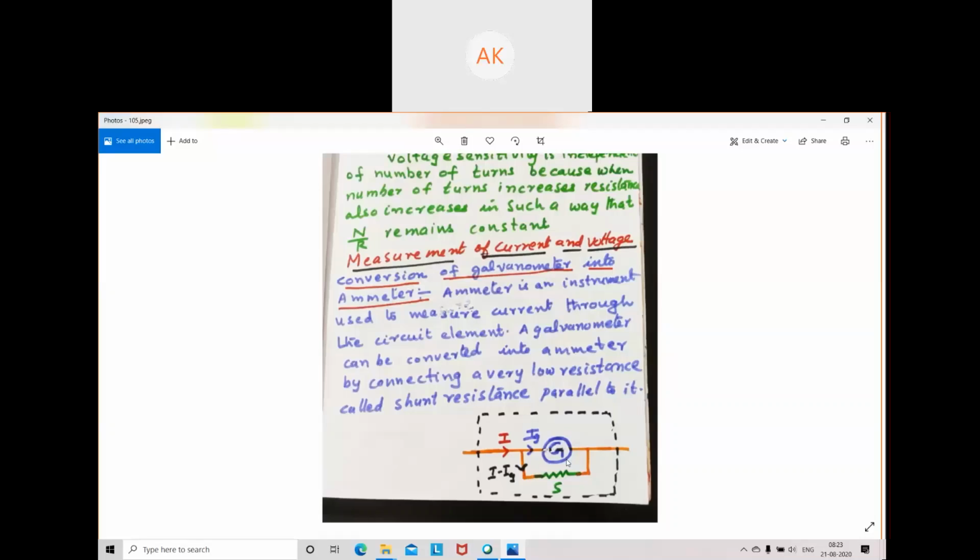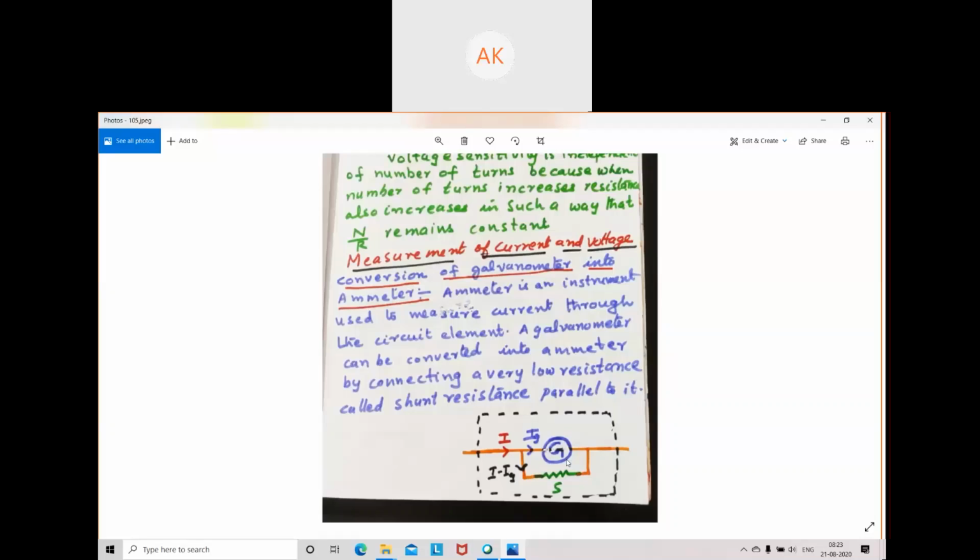So first of all, we have to find out what scale the ammeter we are making should measure, what current. That first we have to decide, and then according to that we connect a suitable resistance.